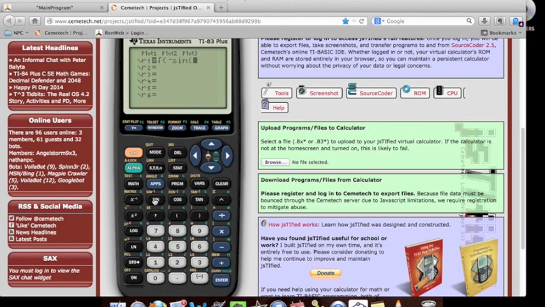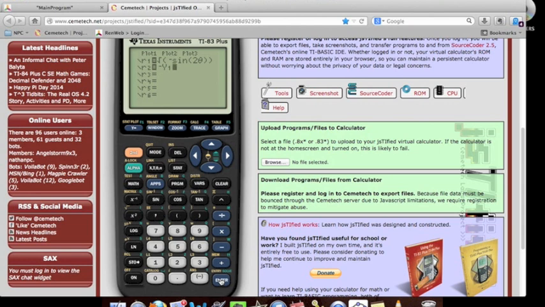negative sine 2 theta, and we need the negative of it too, because when you take a square root you need the plus or minus. So I need the negative version of that as well. How'd you get y1?